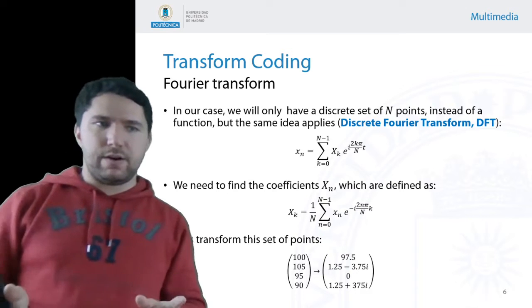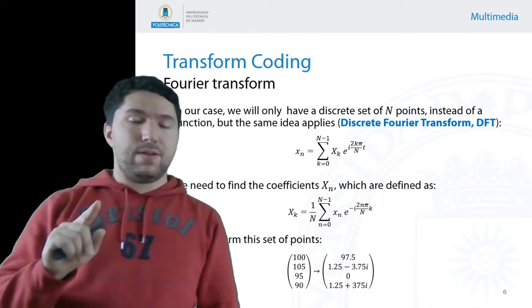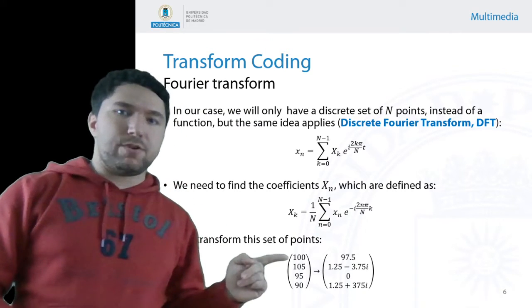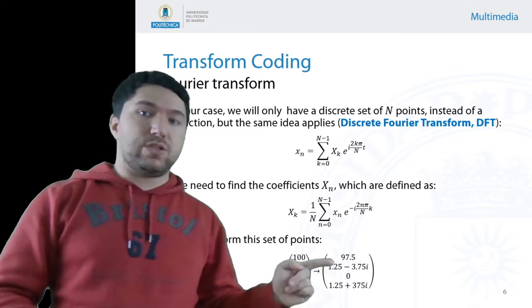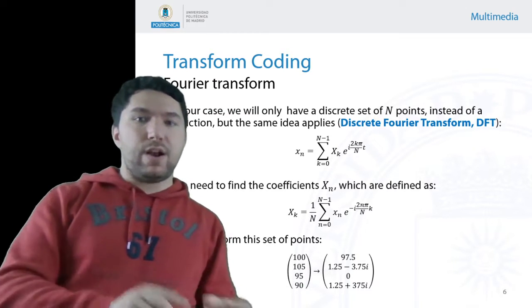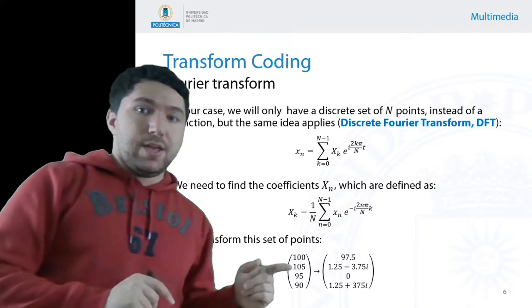So what happens here? Okay, first of all, we must notice that we have complex values. This is bad. This is bad because for each of the numbers that we have here, now I need to store two real numbers, the number in the real part and the number in the imaginary part. Okay.